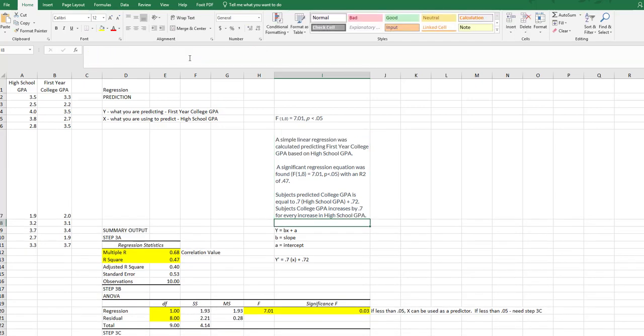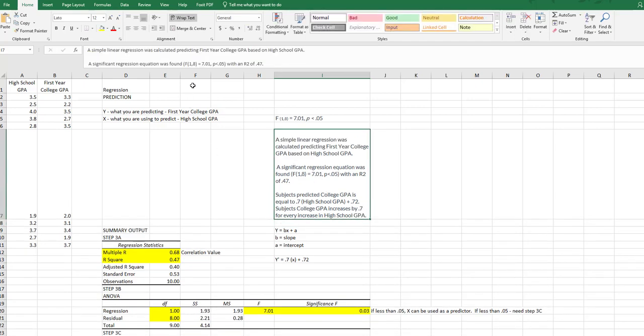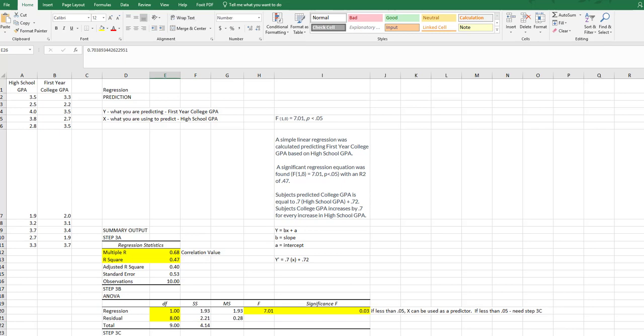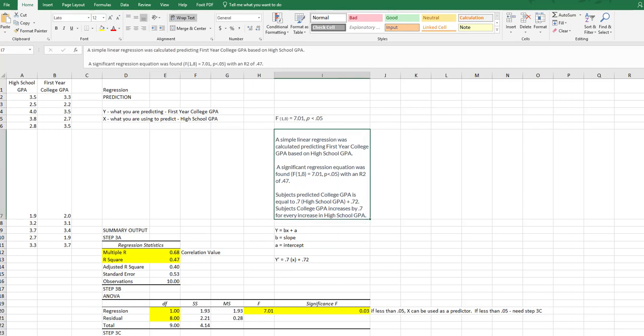Okay, how do I know that? I said 0.7 because that is my slope, but I also know it's an increase because the slope is positive. If your slope is negative, it means it's going to decrease, okay? So those three sentences are how you write this in APA format for regression.